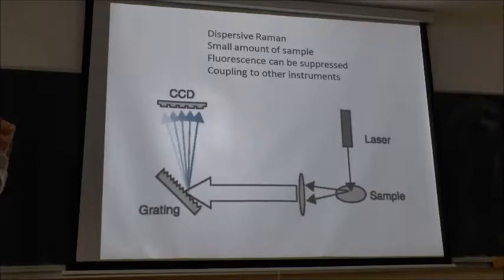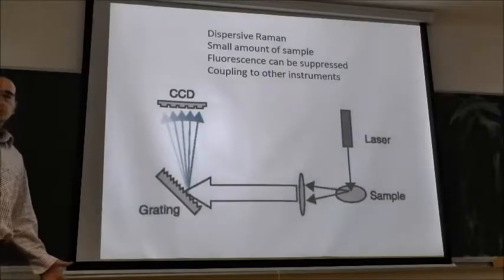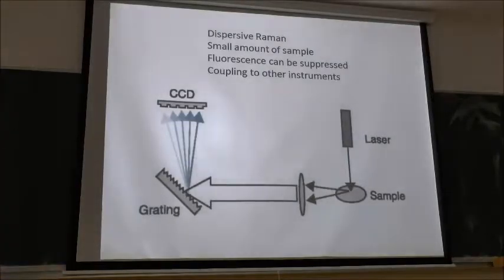The other type of instrument is dispersive Raman. It can be used with small amounts of samples. Fluorescence is a problem, but can sometimes be suppressed. The advantage is that it can be coupled to other instruments like AFM, optical microscope, infrared spectrometry.